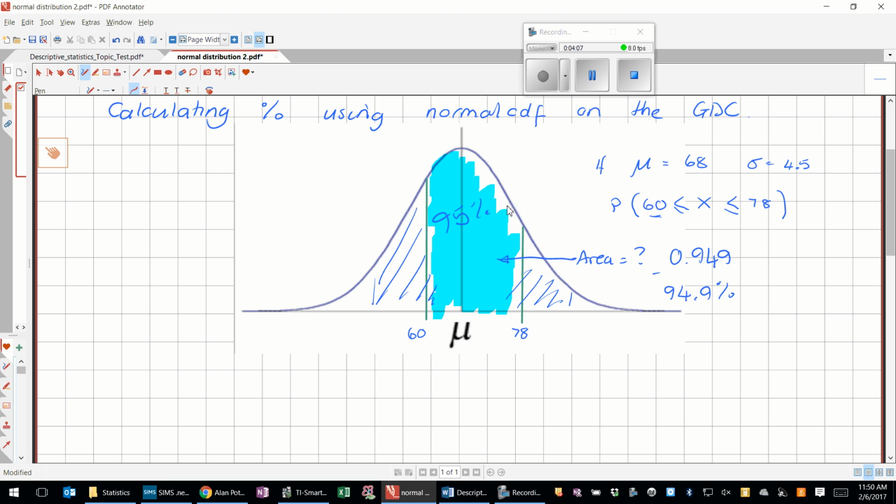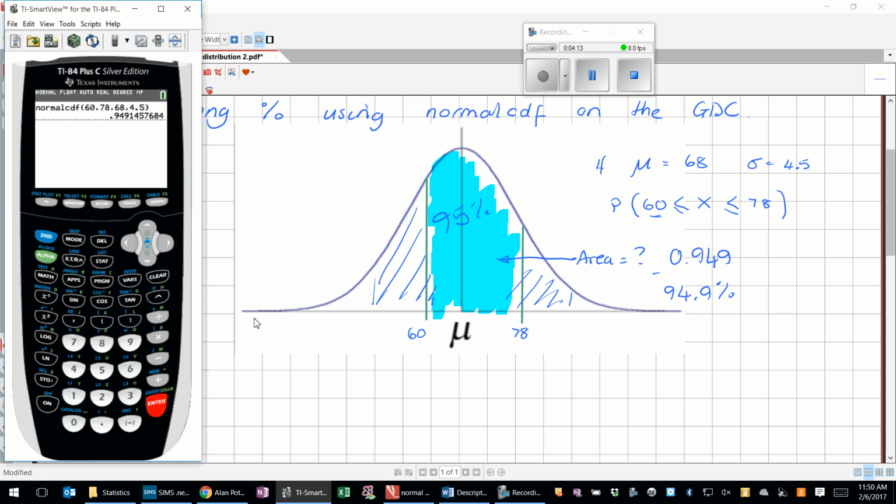On the calculator, when we started, if I go back to second vars, normal CDF, before in the lower limit it had -1 e to the 99, I think.